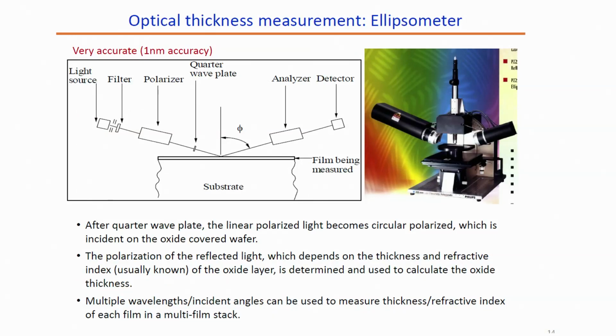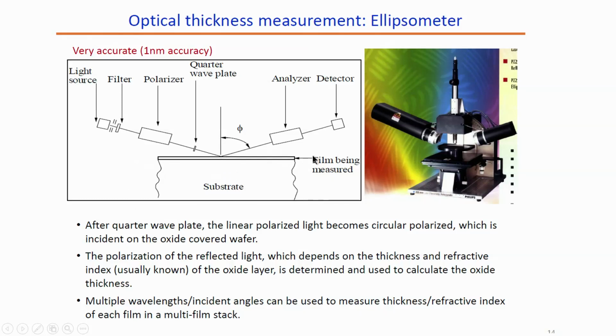So, what to do? Then to have an extremely precise measurement of the thickness of silicon, we have to use something called ellipsometer. The technique is called ellipsometry and the equipment is called ellipsometer, where there is a light source, filter, polarizer, quarter wave plate, there is a reflection, there is an analyzer and detector.